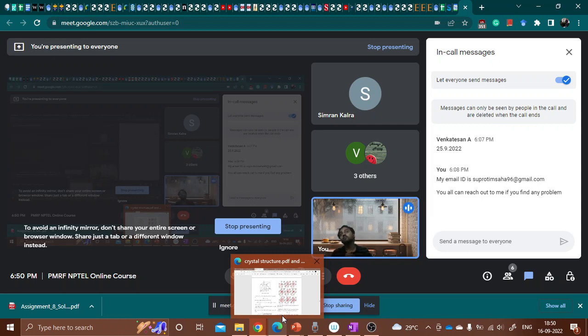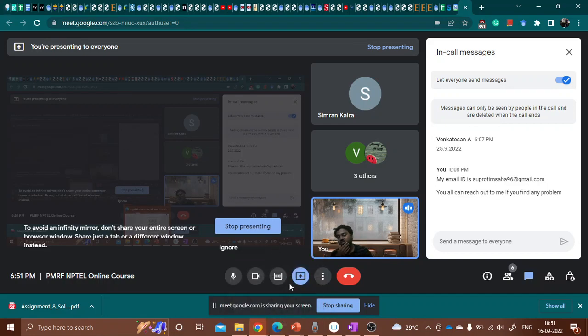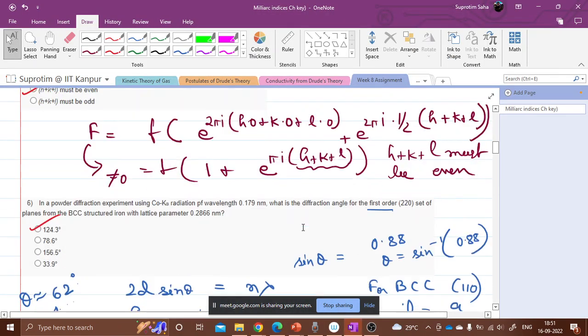But for 110, it will have. Then again, for 111, it will not have. So first would be 2, 110. Then you have 4. Then you have 6 in this case. So just try on those things.